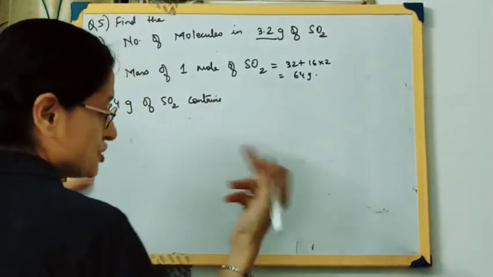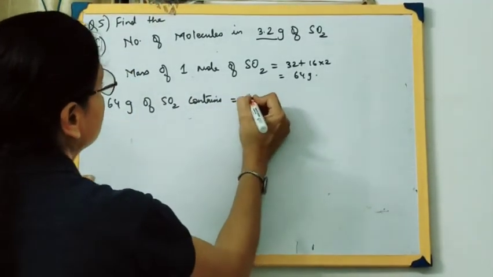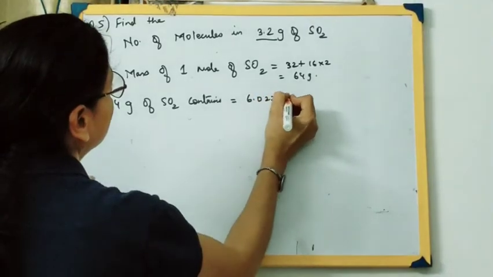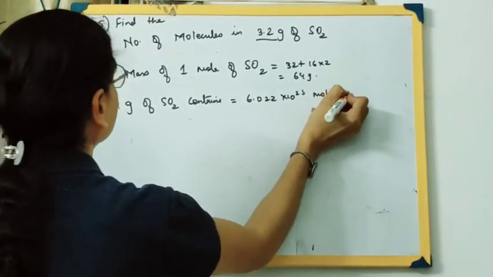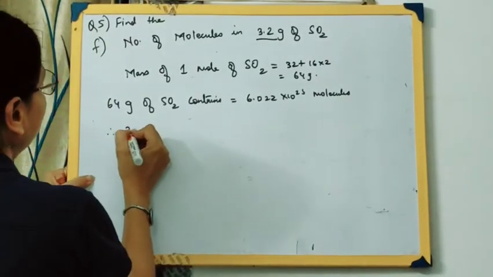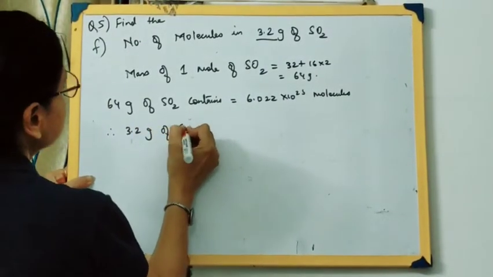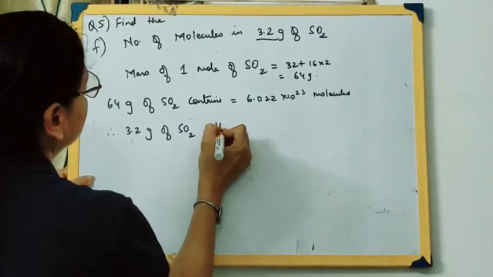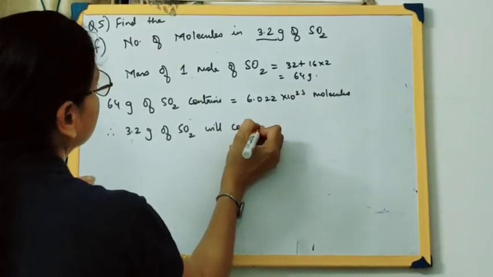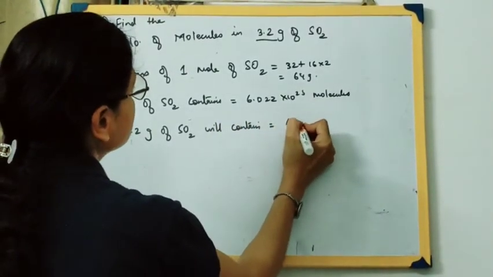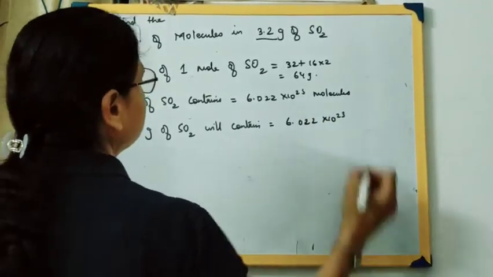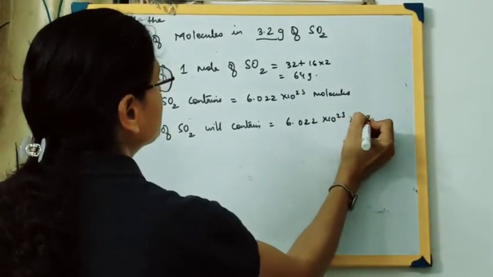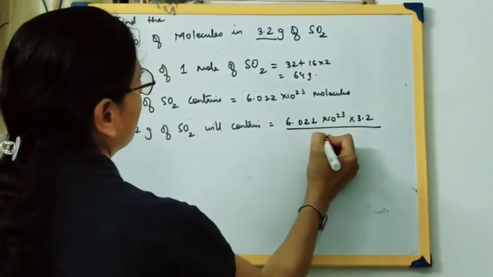How much is Avogadro's number? That is equal to 6.022 into 10 to the power 23 molecules. Therefore, 3.2 grams of sulfur dioxide will contain 6.022 into 10 to the power 23 into 3.2 upon 64.